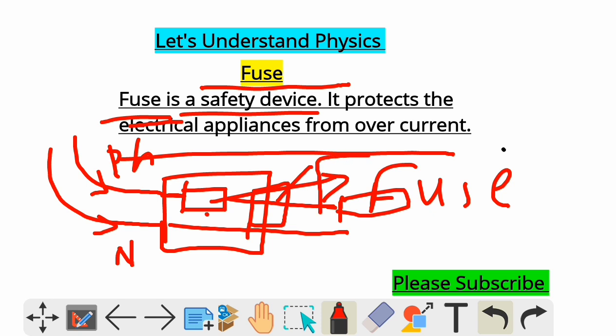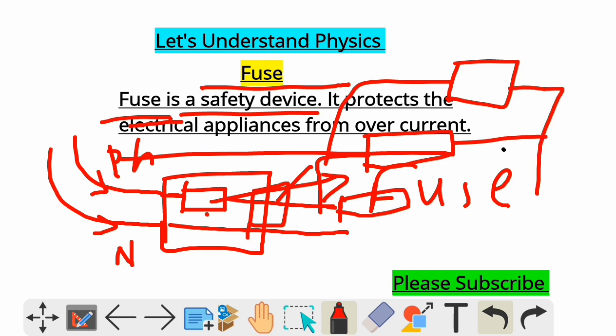Now from here another device will be connected. Understood? And some other devices will be connected like this. All of them will be connected in parallel, and after that they will be connected to the neutral. Understood? So this is the connection in our houses. Now how it actually protects, we will see now.